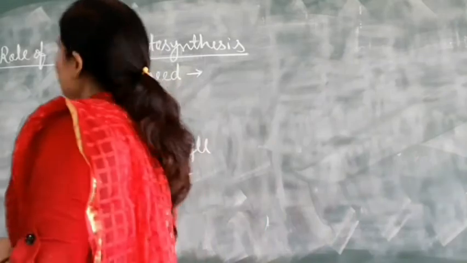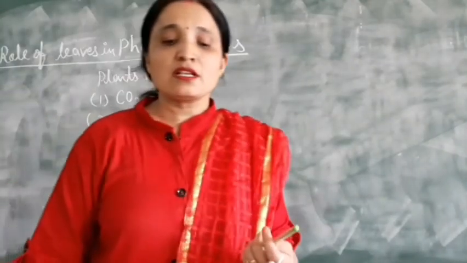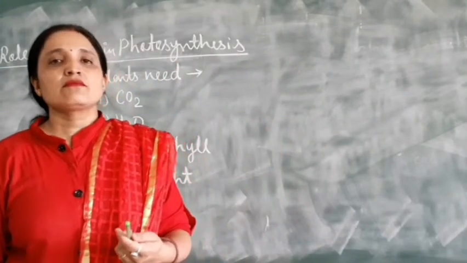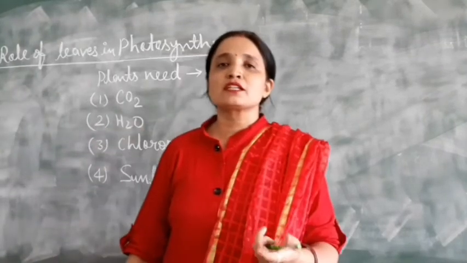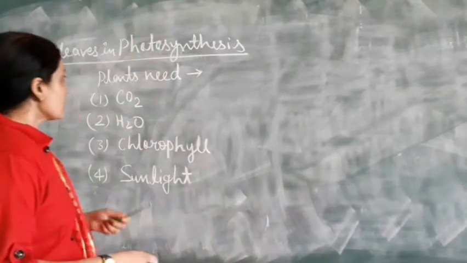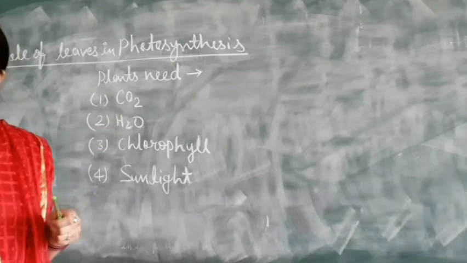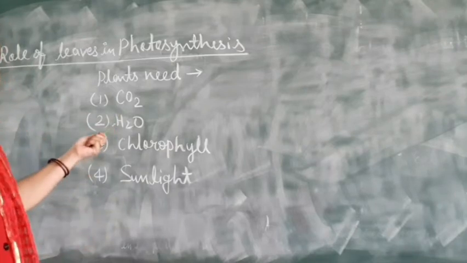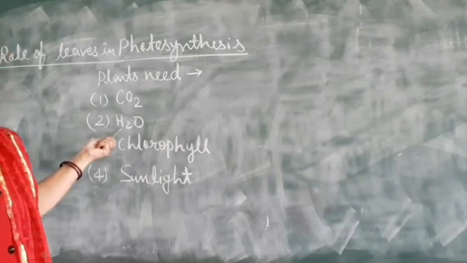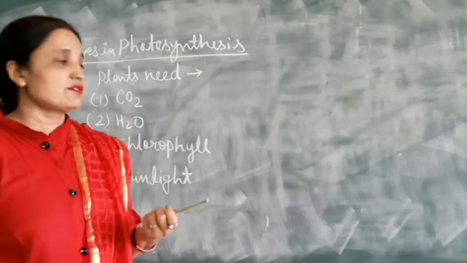Role of leaves in photosynthesis. So what is the role of leaves in photosynthesis? Leaves are the food factory of the plants, meaning the process of photosynthesis takes place only in leaves. Leaves get CO2 through the stomata from the environment, and water through the stem, because water is absorbed by the roots, then transferred to the stem and then reaches the leaves.